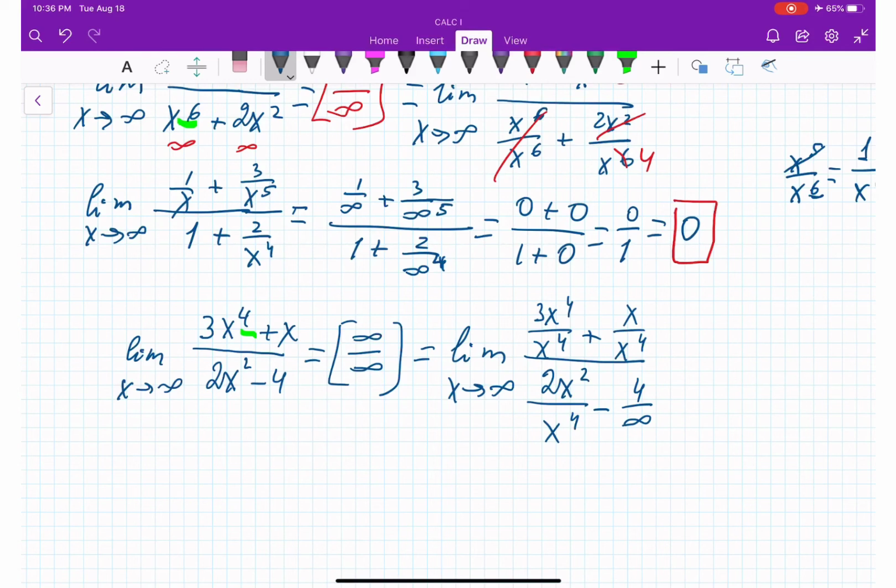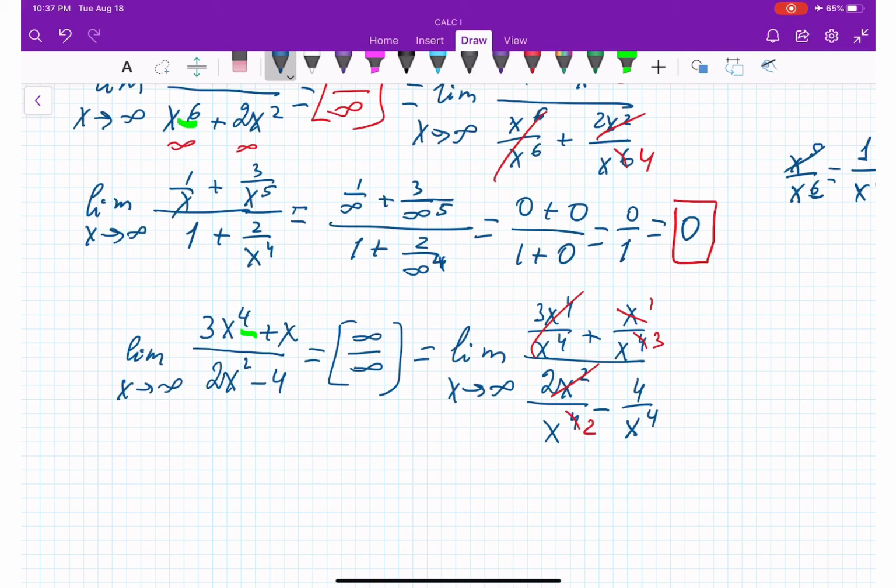And what do we get? x to the 4 is gone with x to the 4. Here the x is gone, and instead of 4 I will have 3, because 4 minus 1 is 3. Here x squared is gone, and instead of 4 I'm getting 2, because 4 minus 2 is 2. And 4, okay, I rushed ahead. It's supposed to be x to the power 4.